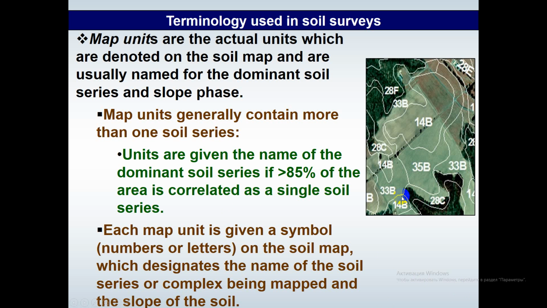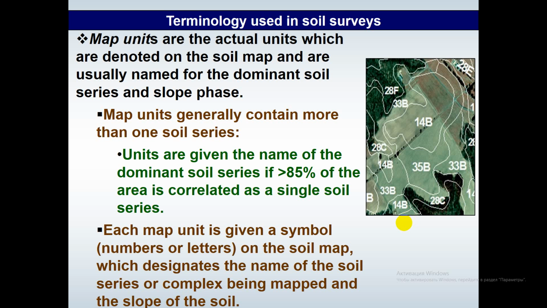Units are given the name of the dominant soil series if more than 85% of the area is correlated as a single soil series.